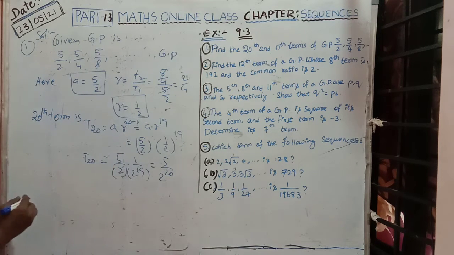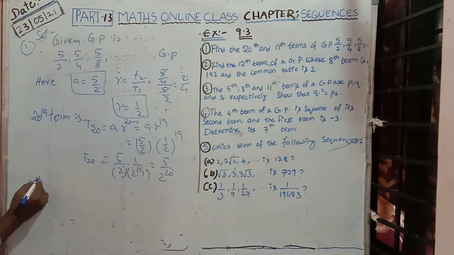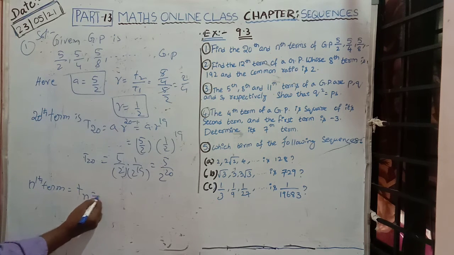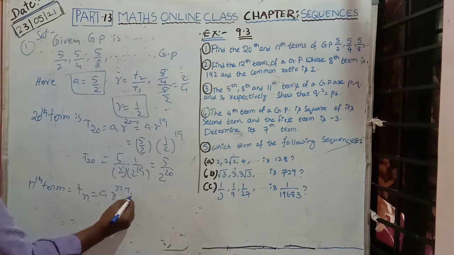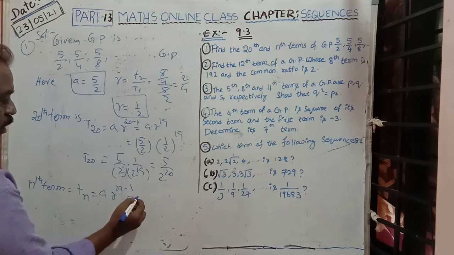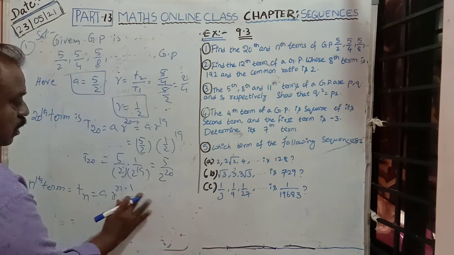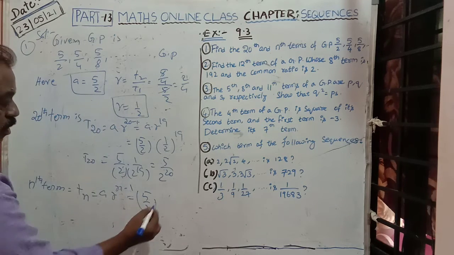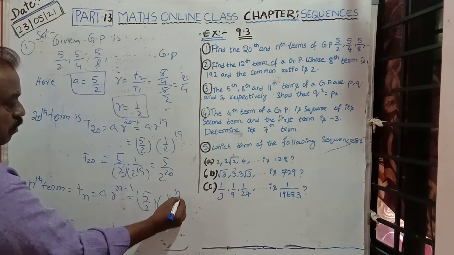Similarly, the nth term is asked. Nth term is Tn, A R power n minus 1. A is 5 by 2, R is 1 by 2 power n minus 1.